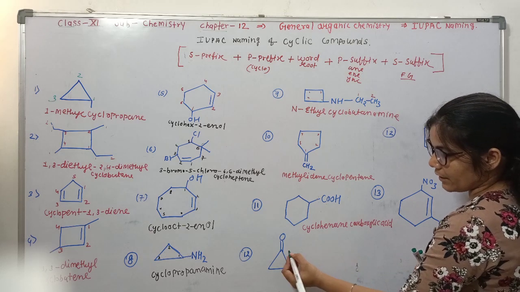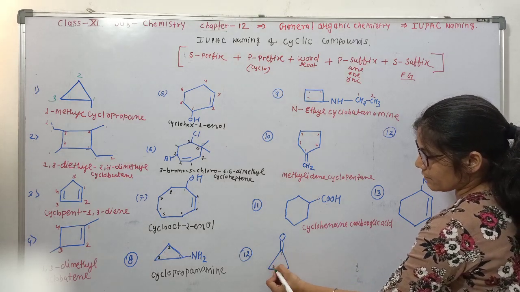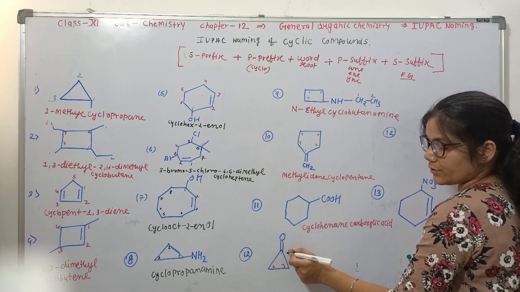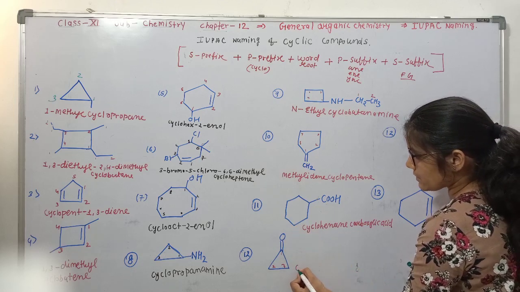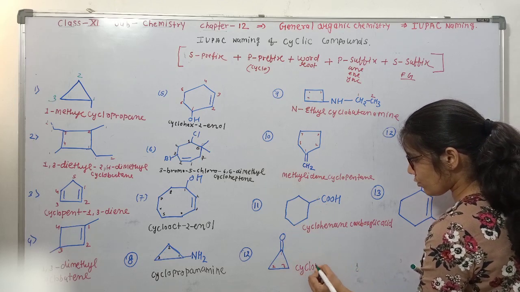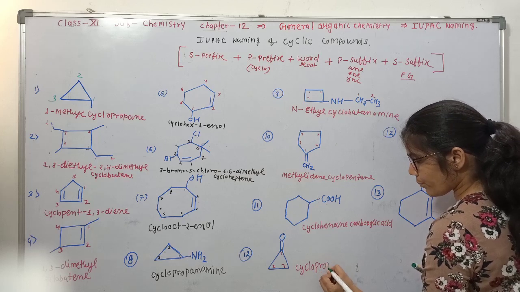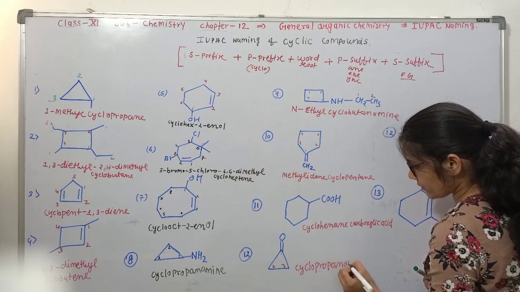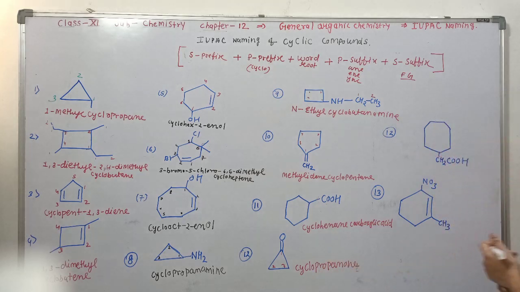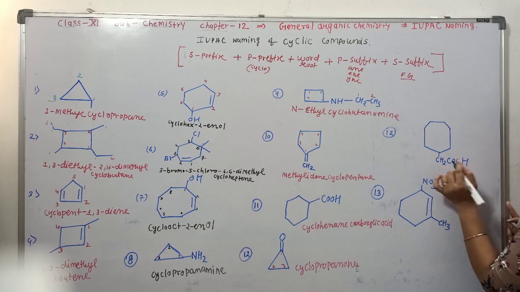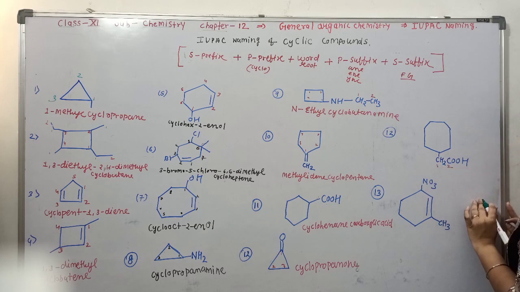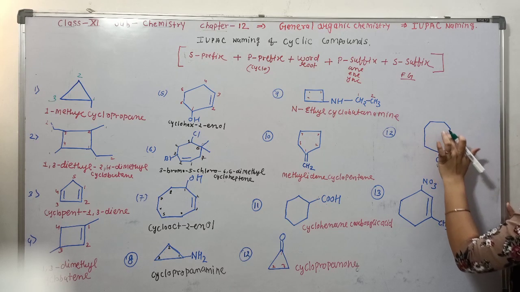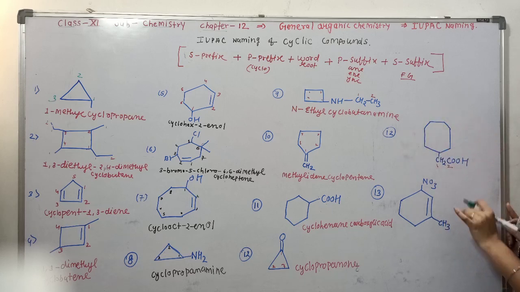Next, now this is the part of the main hydrocarbon. So it is cyclopropanone. Cyclopropanone. Okay. Now next one. See, this is a 2 carbon chain, and this is a simple cyclic compound.